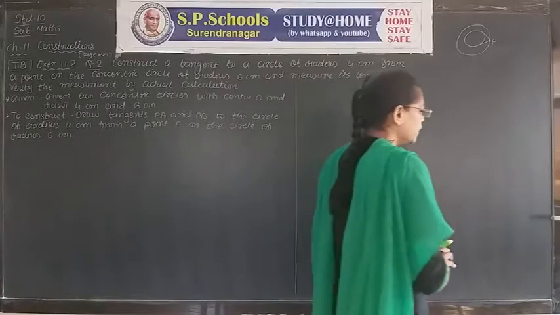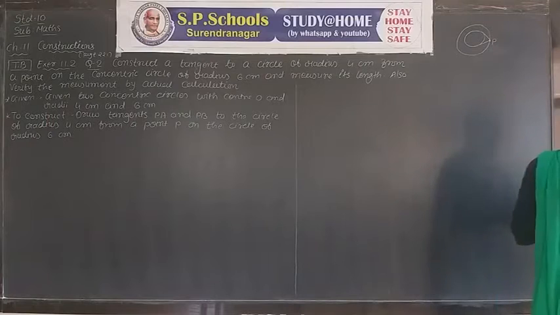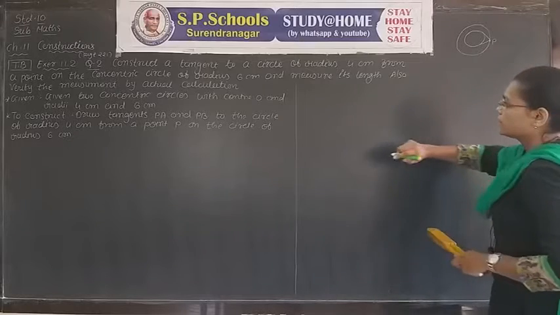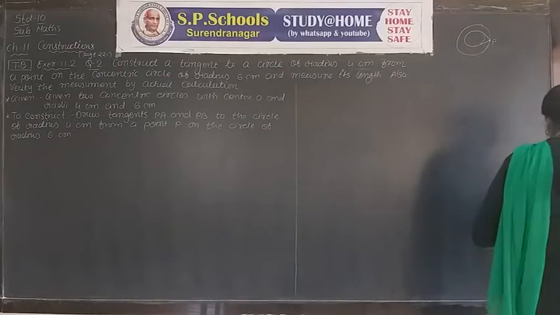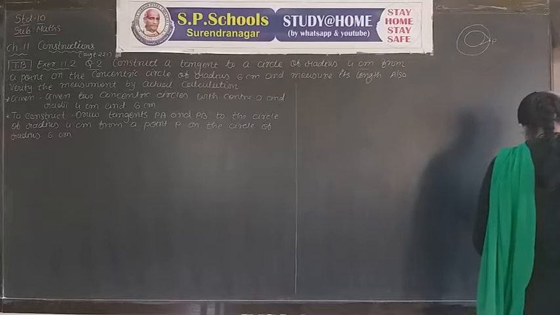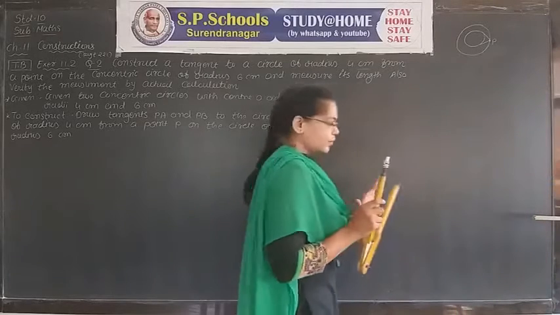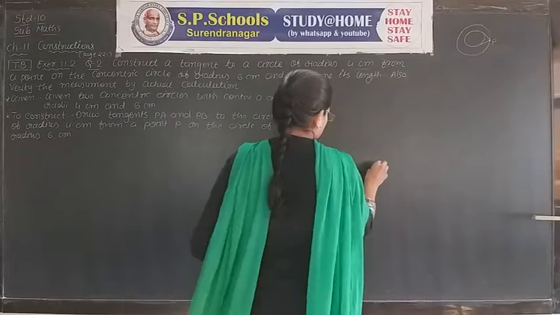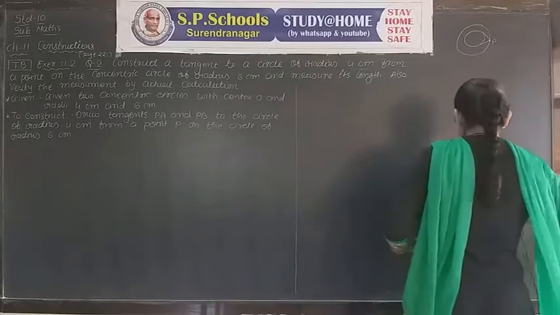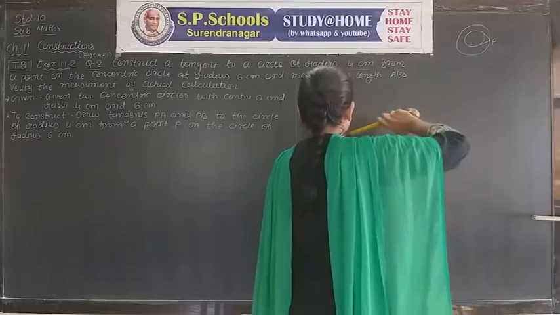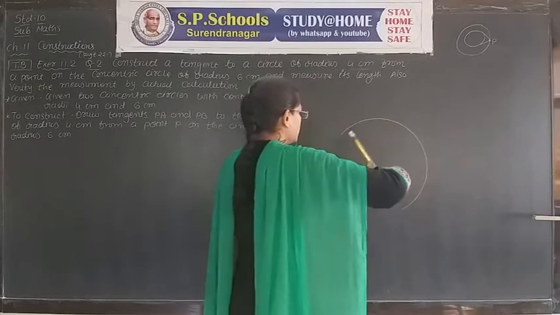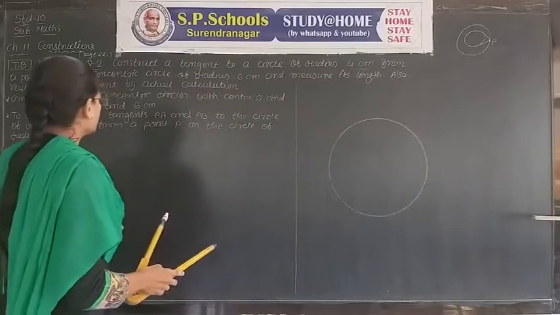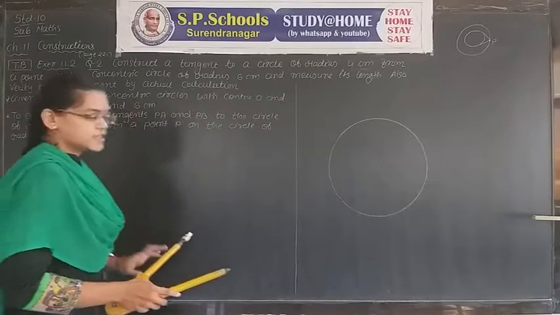Now first we draw a figure, then we write the steps of construction. To draw the figure, first of all, we draw one circle of radius 4 cm. Take a radius of exactly 4 cm using your scale. Now we draw a concentric circle with radius 6 cm.